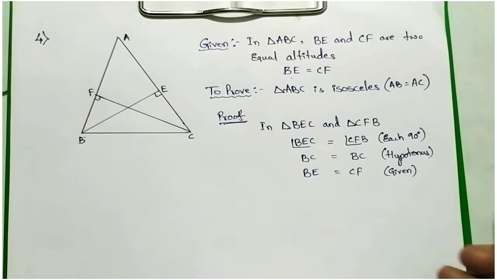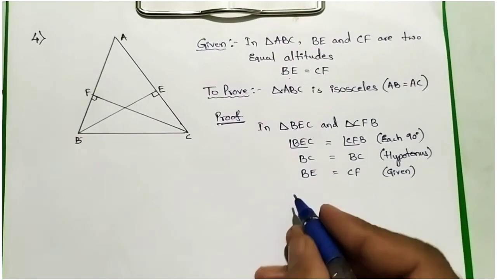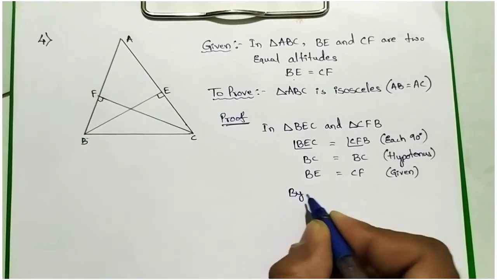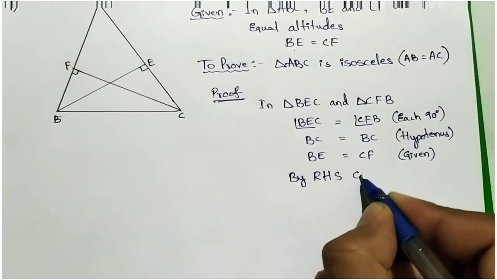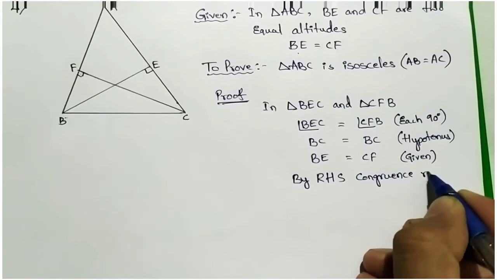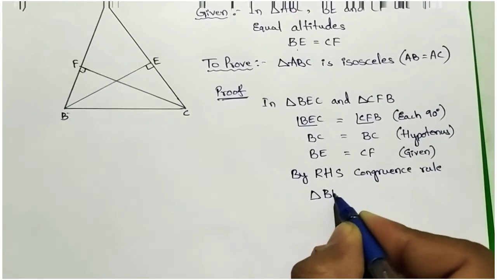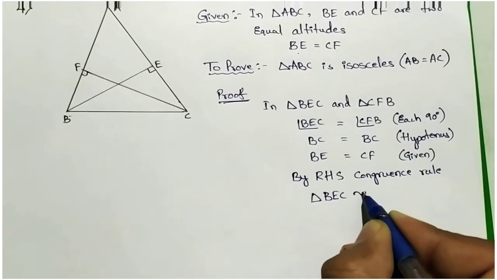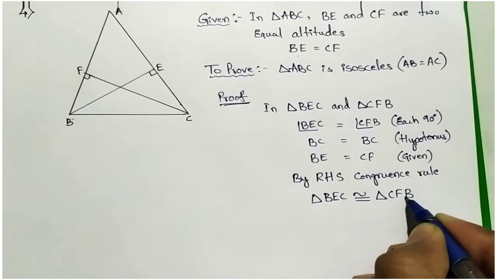The sides are equal. So right angle, hypotenuse, side. So by RHS congruence rule, triangle BEC is congruent to triangle CFB.